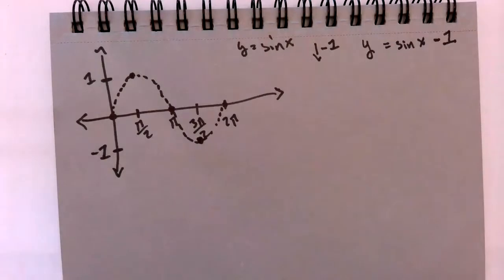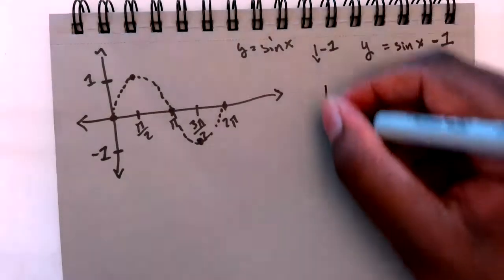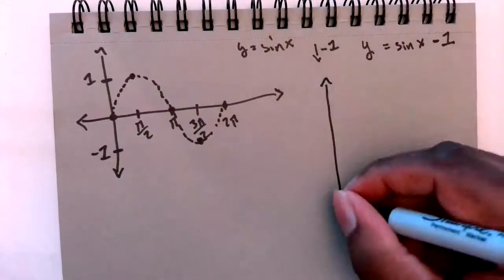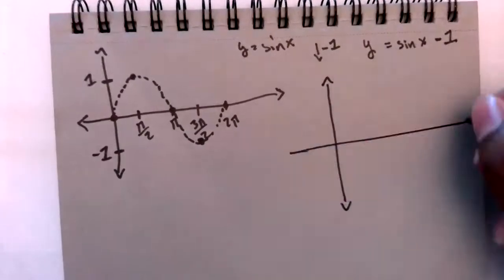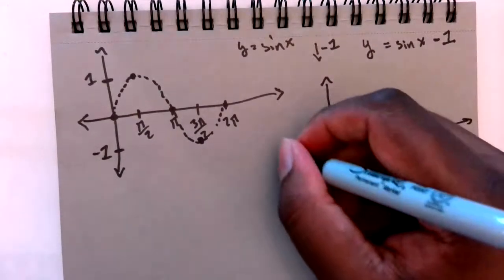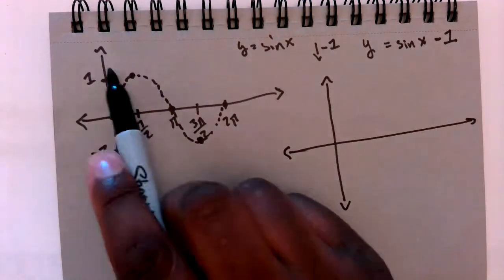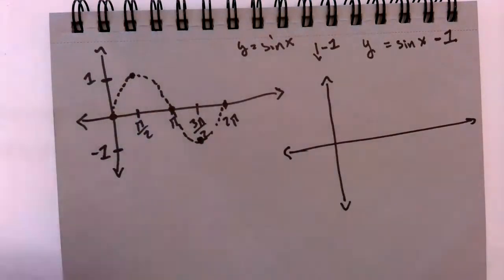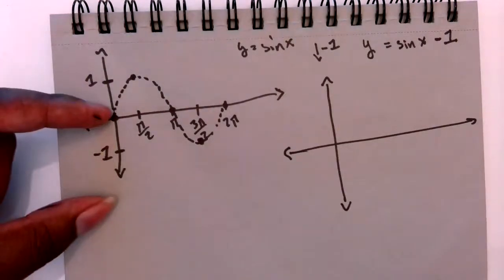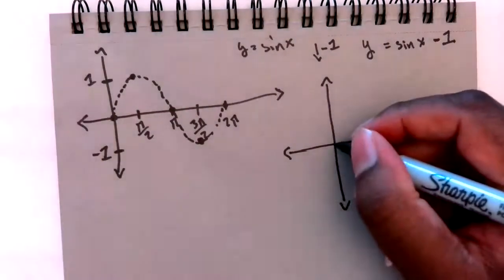So what in the world would this look like? Well, let's think about it. We bounce between 1 and negative 1. So if I shift, all of this now comes down by 1 unit.